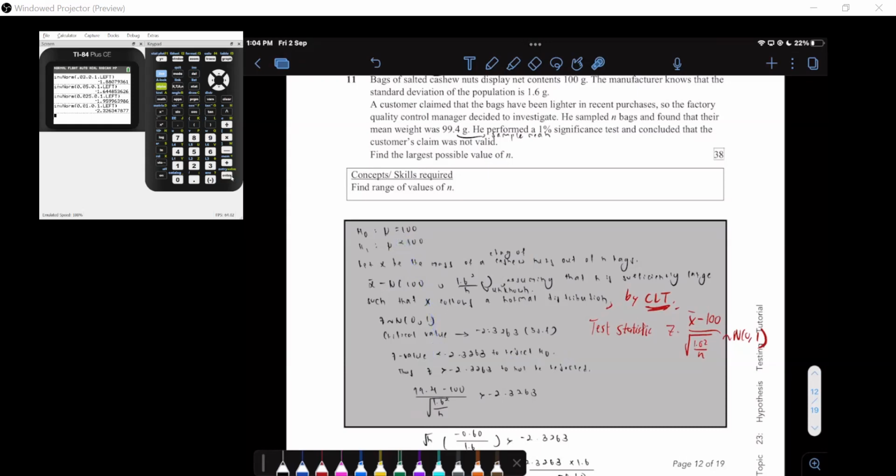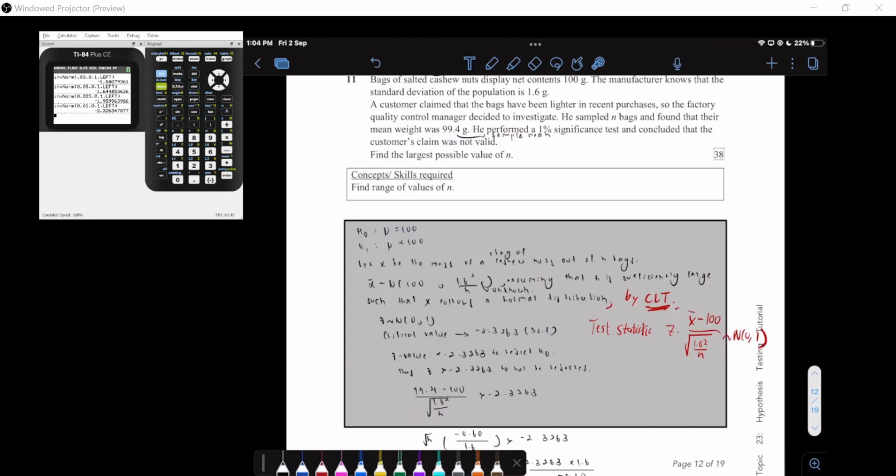Okay, good. But hold on. That's not correct. Actually, I just realized you don't want it to be rejected. Because if you reject H naught, what happens? You end up with H1, which is mu is less than 100, which means that the customer's claim was valid.